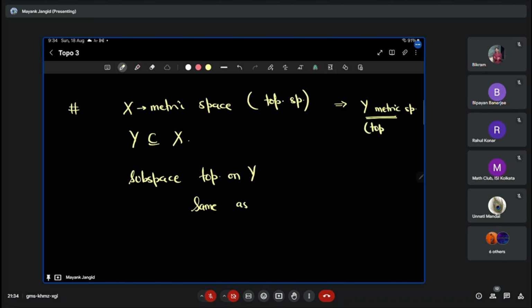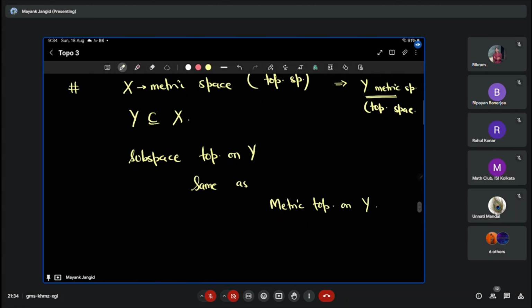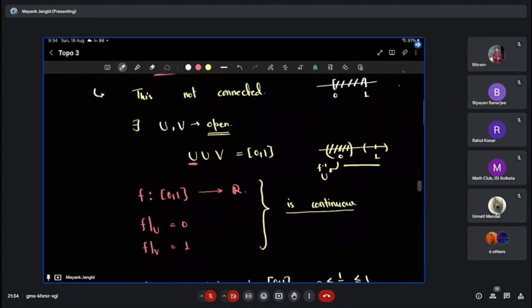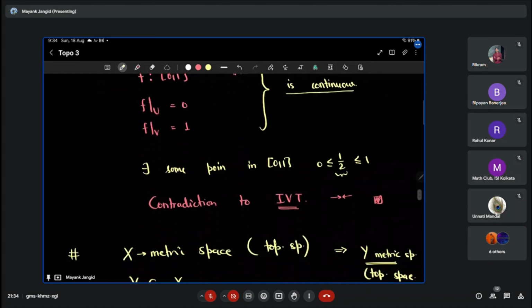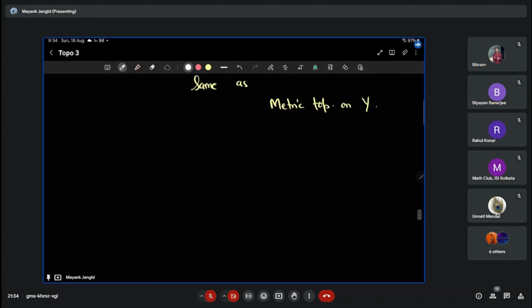So the topologies on both are the same. You should check this; it is not very difficult to see. Is this clear to everyone now? Yes. Fine, I will go ahead.